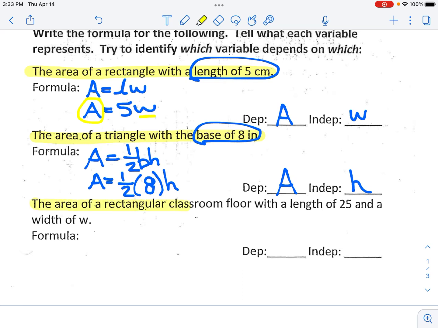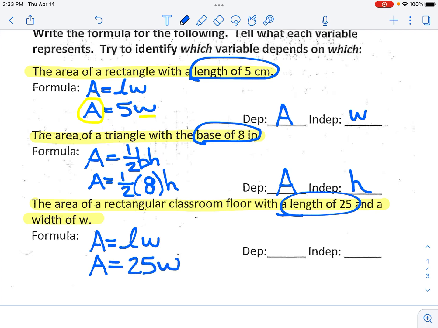The area of a rectangular classroom floor with a length of 25 and a width of W. So if this is a rectangle, we're going to use the same formula we always have. Area equals length times width. And then we can substitute 25 for the length, but we still don't know the width.